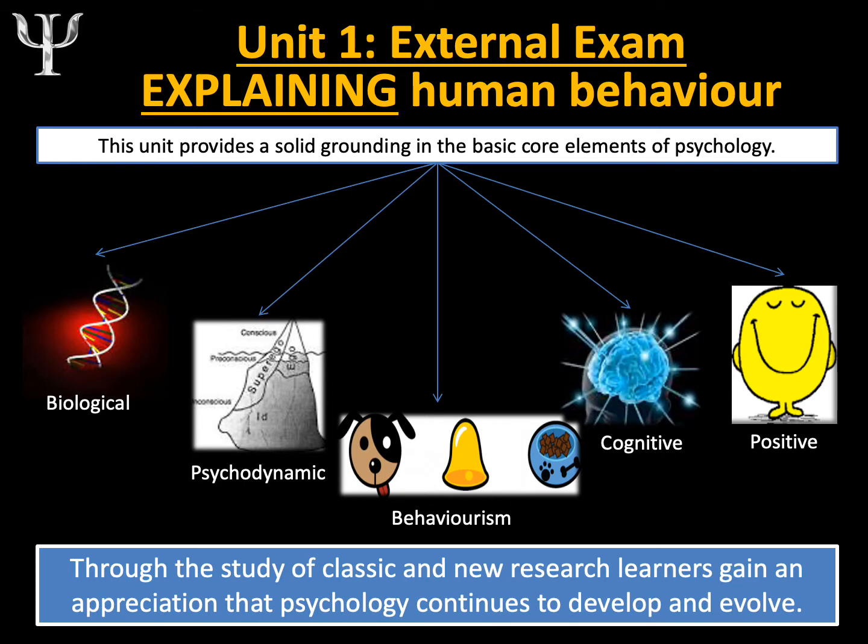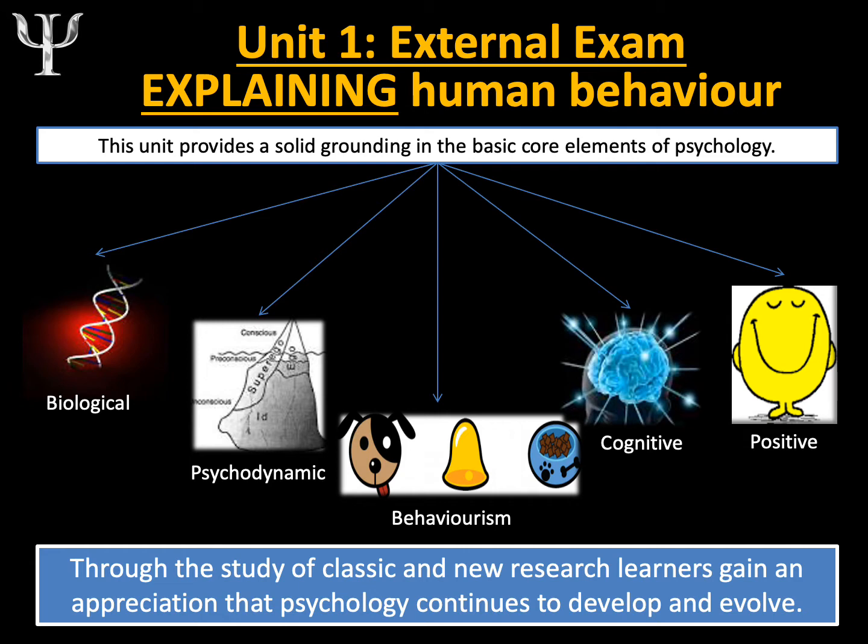In your first unit, which is an external exam at the end of year 12, you will explore 5 different areas within psychology that are attempting to explain human behavior.